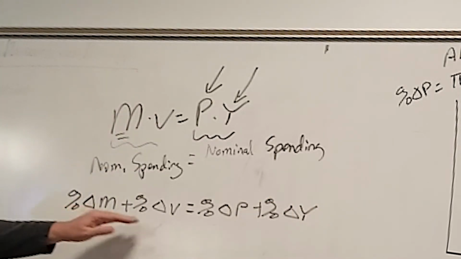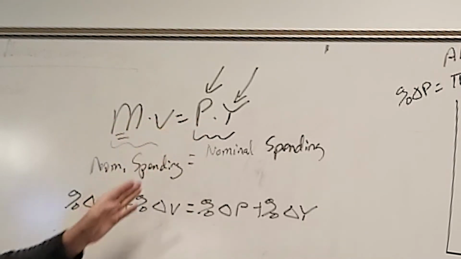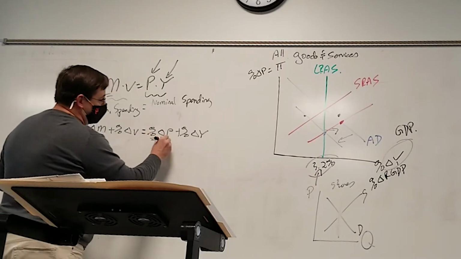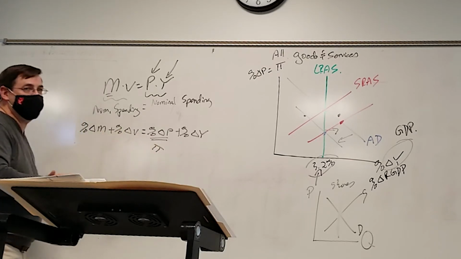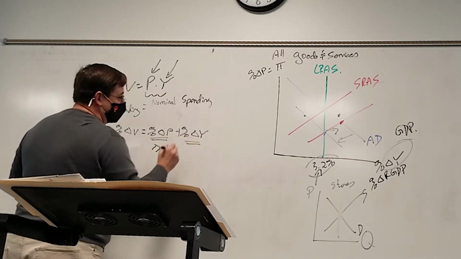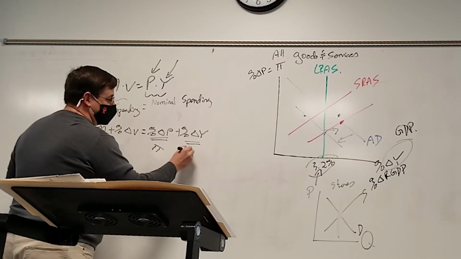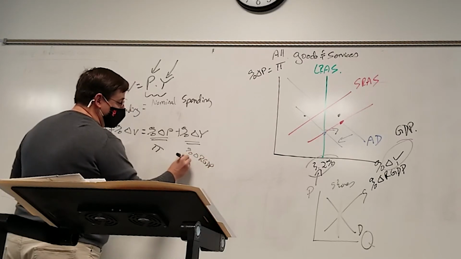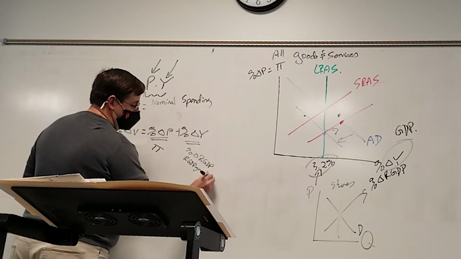When we look at the rate of change of each of these variables, they're no longer related by multiplication, they're related by addition. What I'm going to do is use this variable, the percentage change in price, which is basically inflation, which we signify with the letter pi. And this variable, the percentage change in output, which is really the percentage change in real GDP, or we could call it the real GDP growth rate.